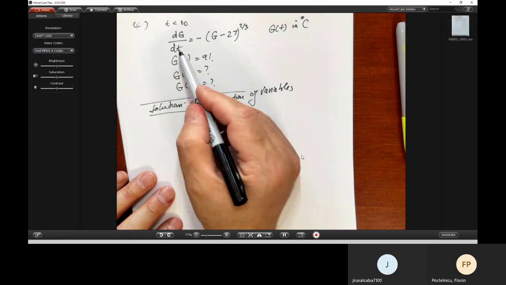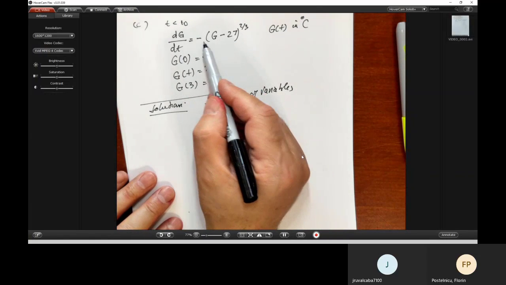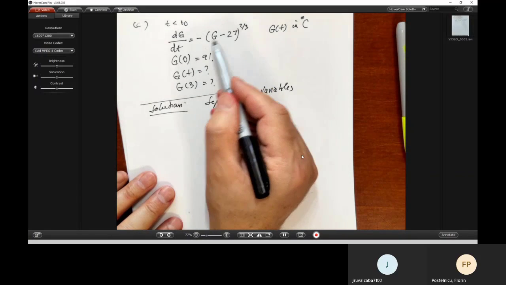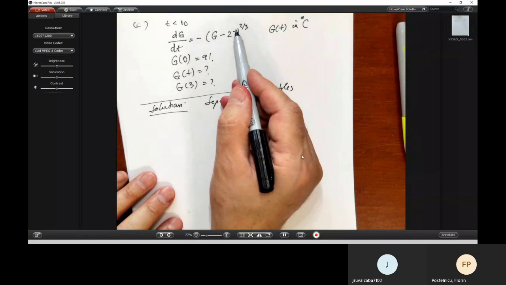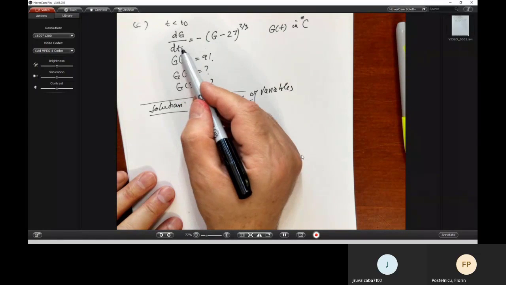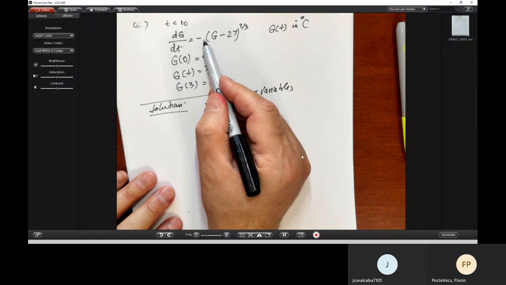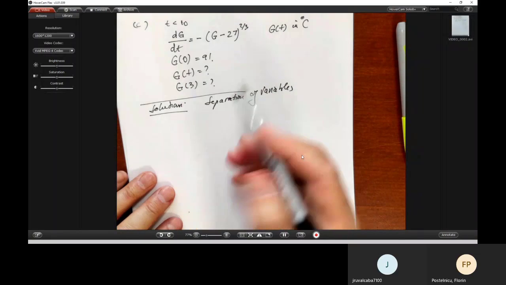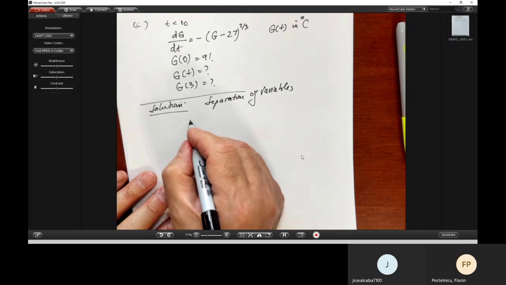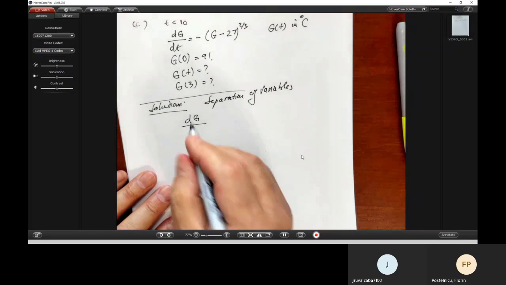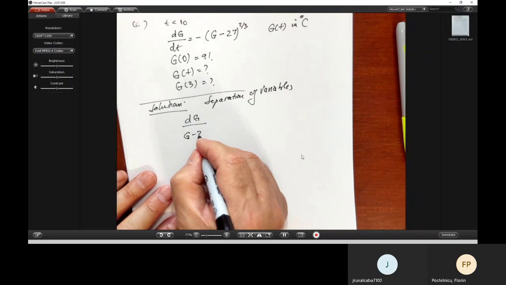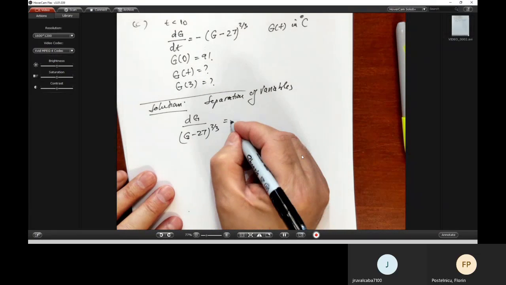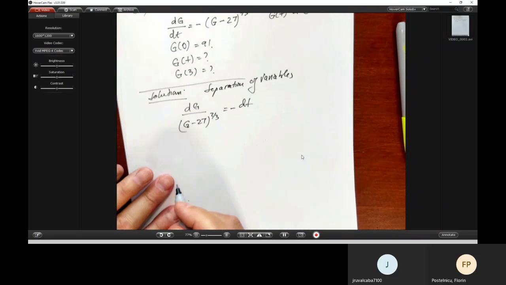I'm just going to write what is coming out of that. So I'm not going to actually write down the multiplication. So when I'm multiplying with the fraction I said earlier, on the left side I'll obtain only dg over g minus 27 raised to 2/3 because dt and dt canceled out, and on the right side just negative dt. The next step after I separated the variables is to integrate on both sides.